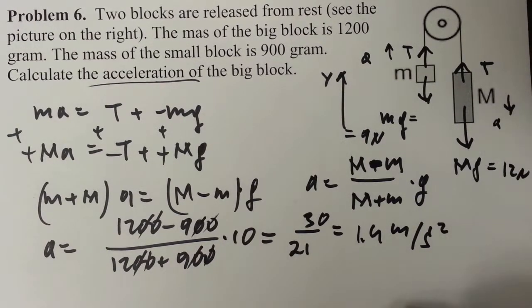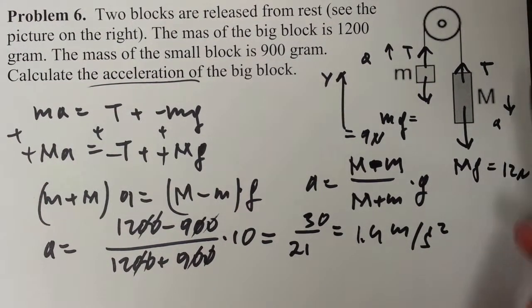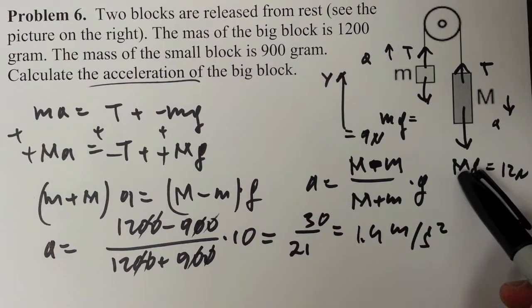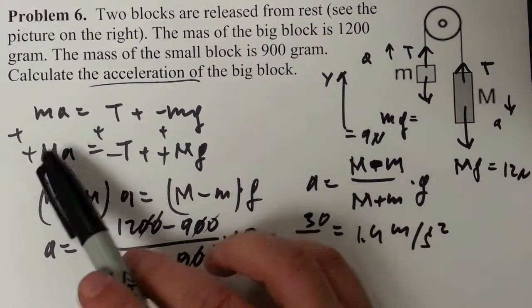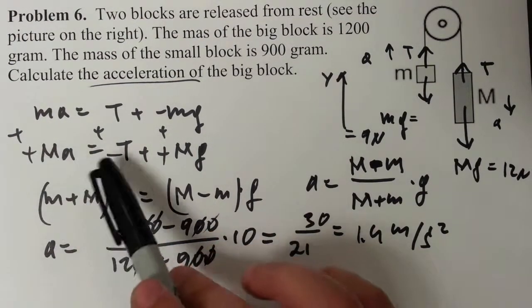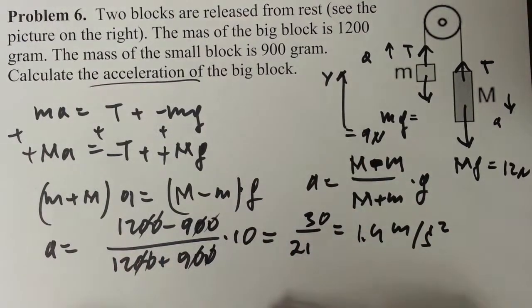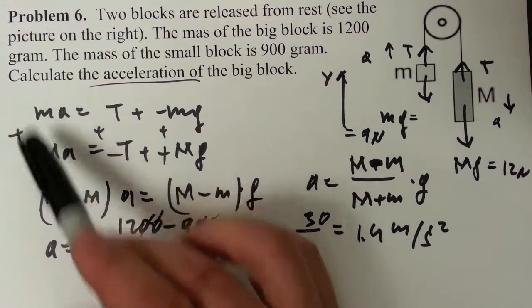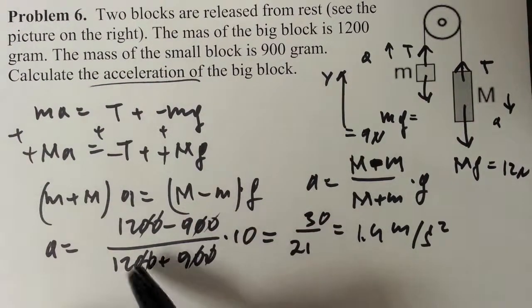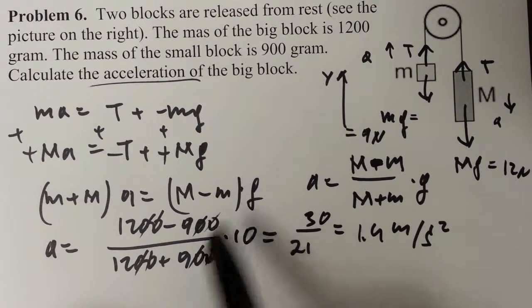Now here, initially we could have written negative ma should be equal to positive T plus negative mg, but by multiplying everything by negative 1, we change from minus to plus, from plus to minus, from minus to plus, and then we're adding two equations, term by term. a is a common factor, little m plus big M, T and minus T cancel, and big M minus little m is here, times g.